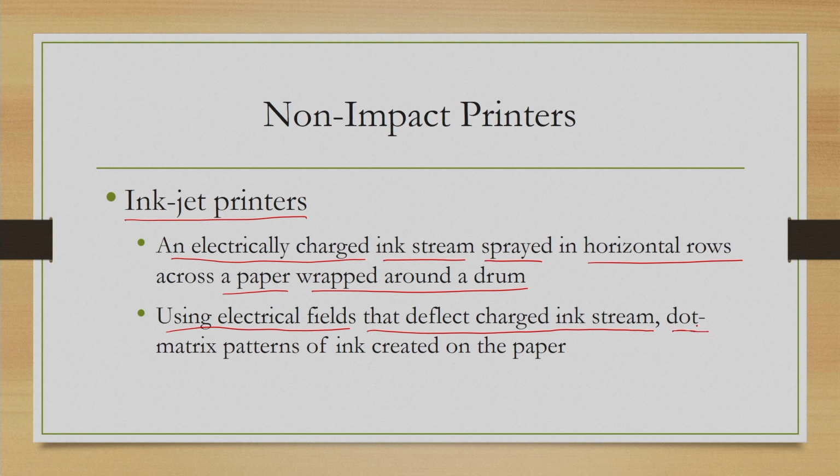Dot matrix patterns of ink are created on the paper. So, essentially there is an ink stream which gets deflected due to the electrical field and then creates the desired pattern on the paper, which is wrapped around a drum.